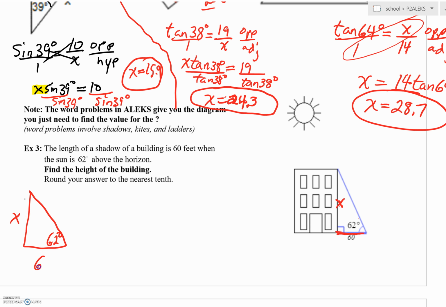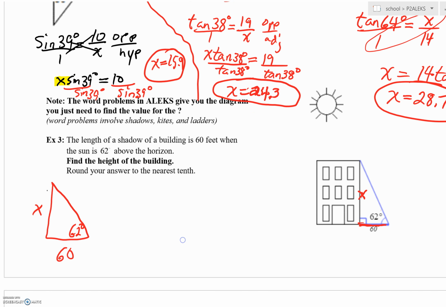And here's what I'd like you to do. Look at the x. How do we define the x? What side is that? From the angle of 62, this is opposite, yes. How about the 60? That's the adjacent side. The hypotenuse is across from the right angle. Now, if you remember SOHCAHTOA, which trig function are we looking at?